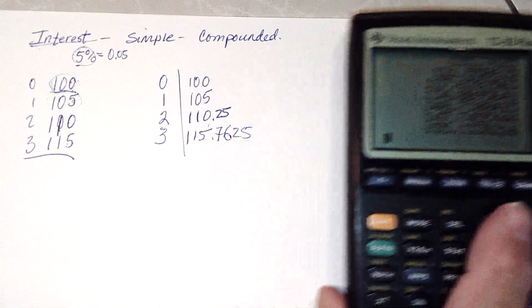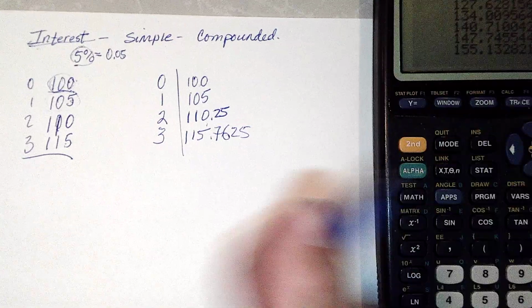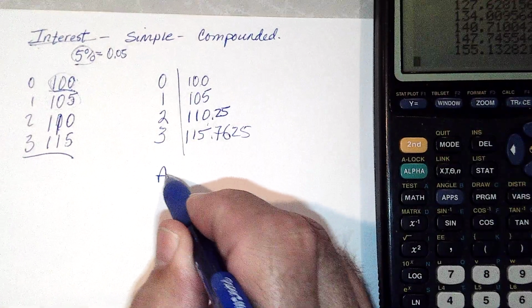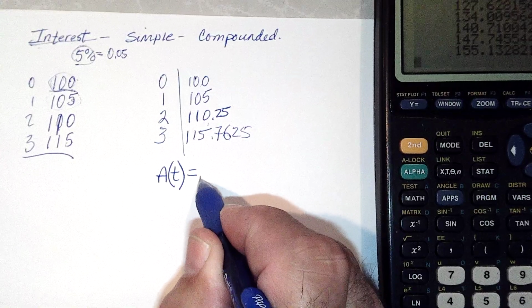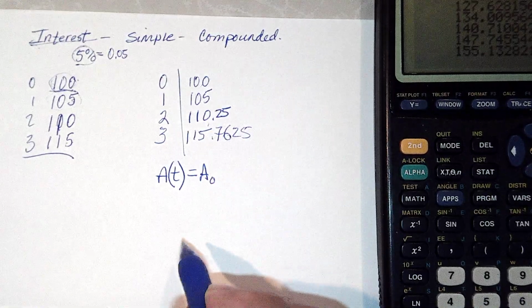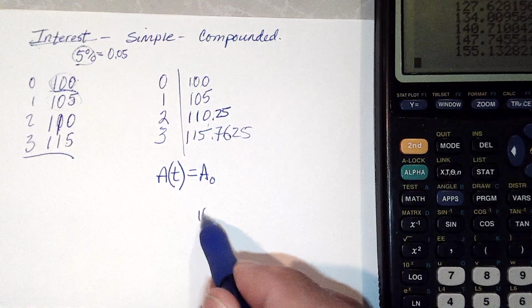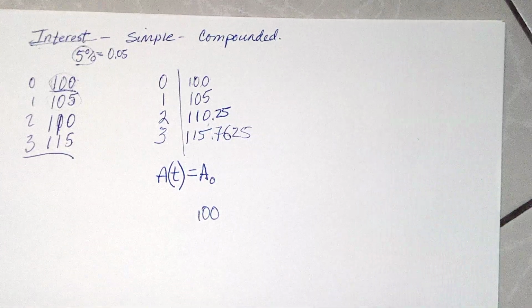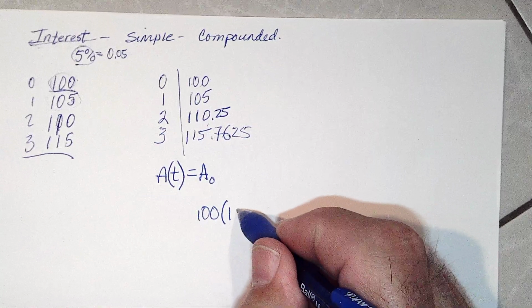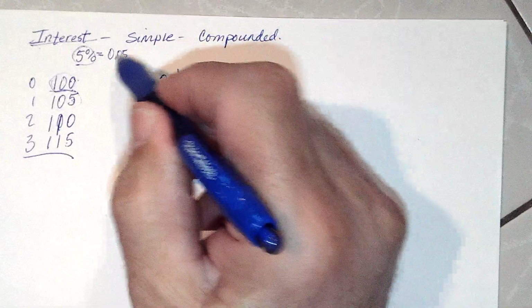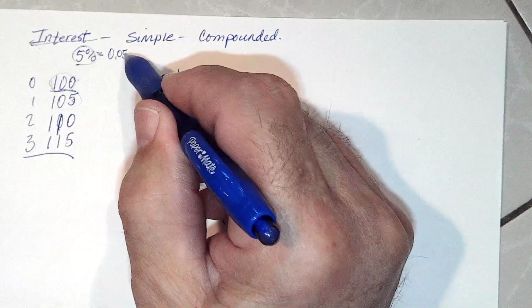But in a formula, an exponential formula, the amount that I have after some time is the amount I started with, which in this case is $100, times 1 plus the interest rate in decimal form.